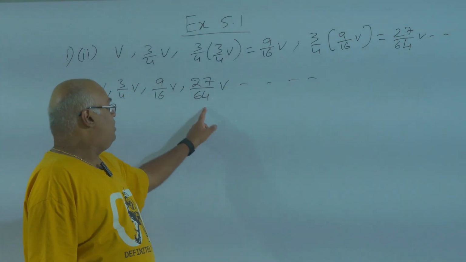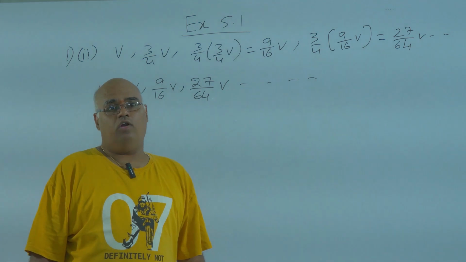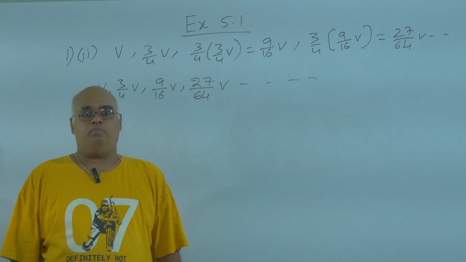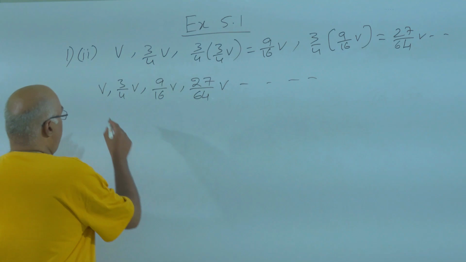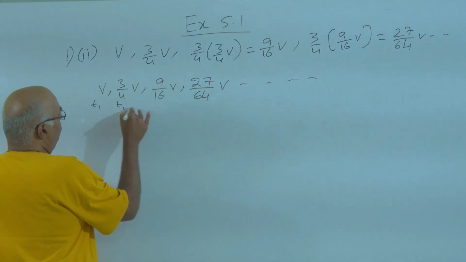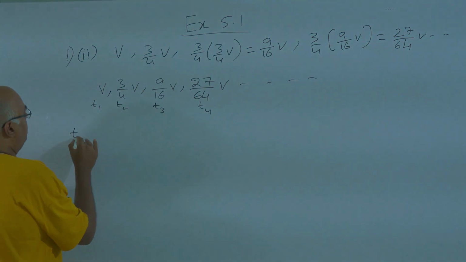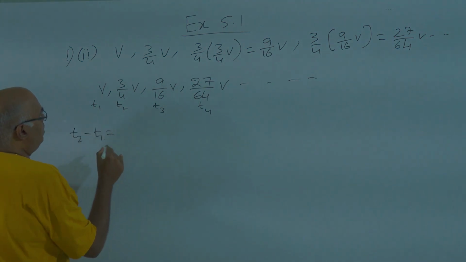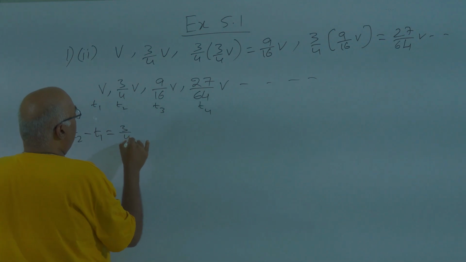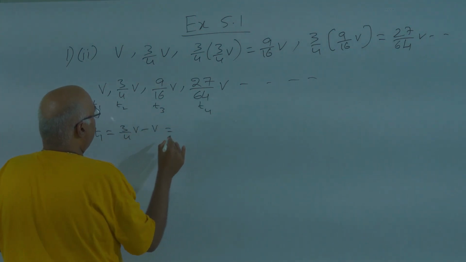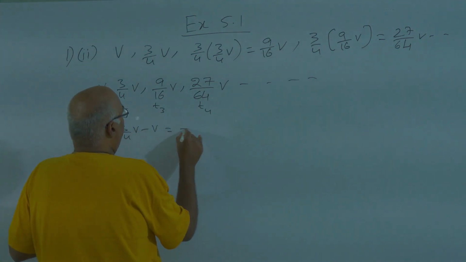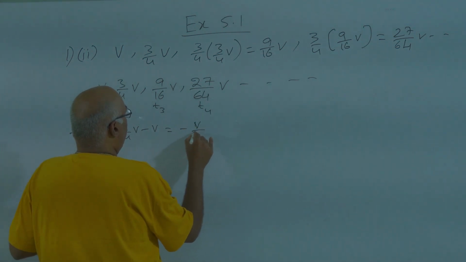Now we have to check whether the volume of the cylinder is in arithmetic progression or not. This is T1, this is T2, this is T3, this is T4. Let us take T2 minus T1, which is 3 by 4 V minus V, equal to minus V by 4.